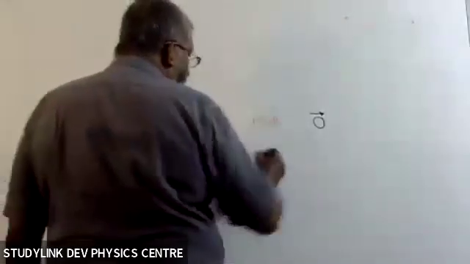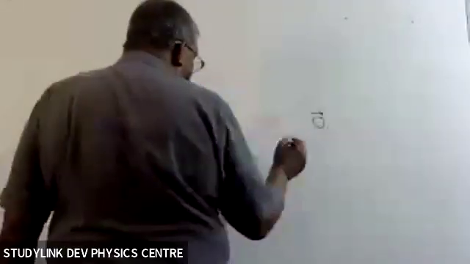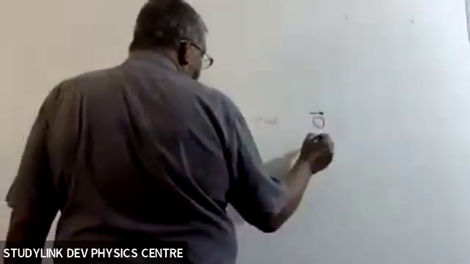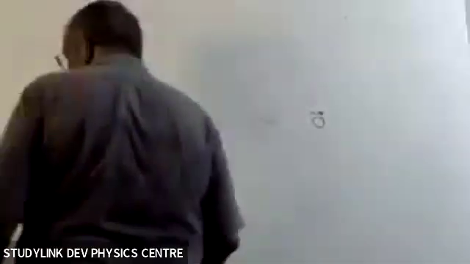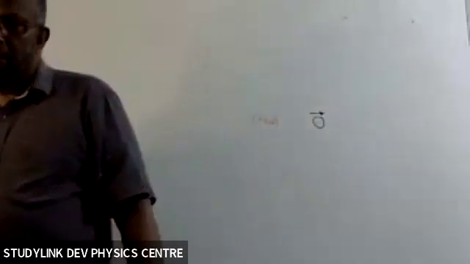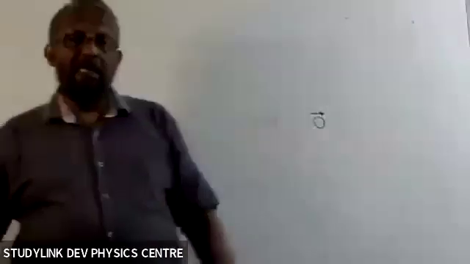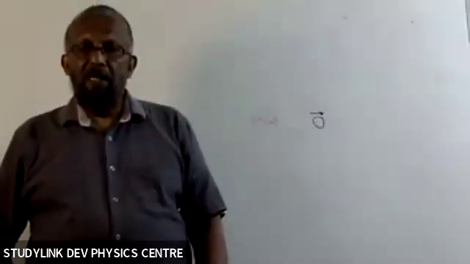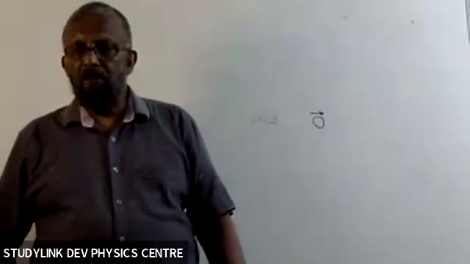Next one, that means a null vector is denoted by a dot. Write: a null vector is denoted by a point, and we consider the magnitude of the point to be zero.